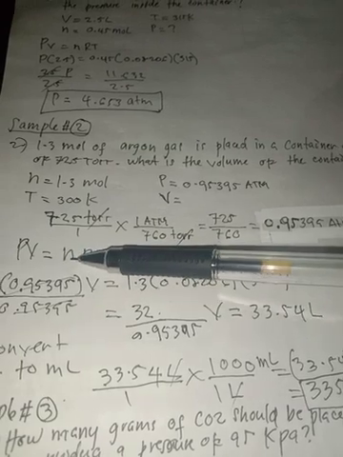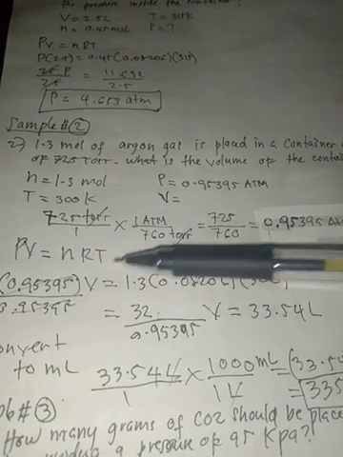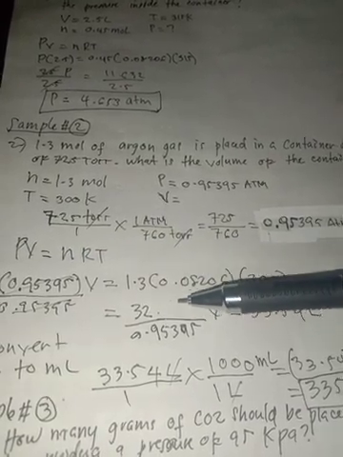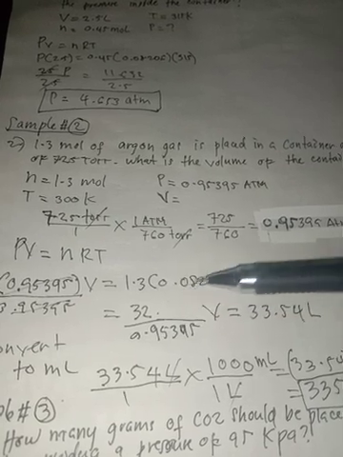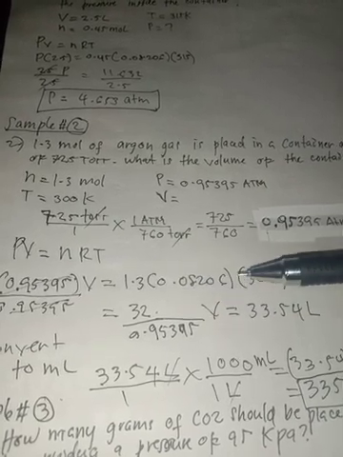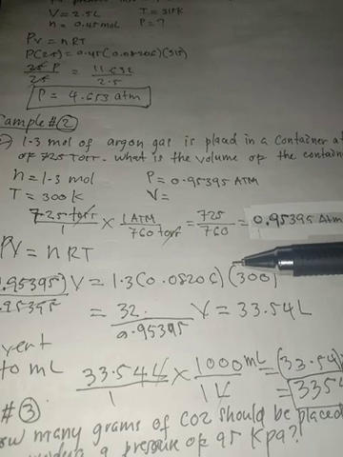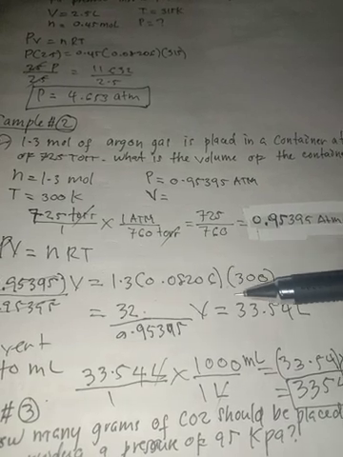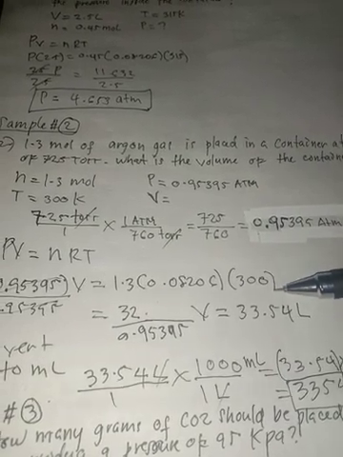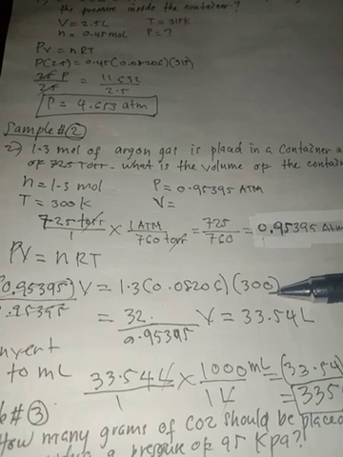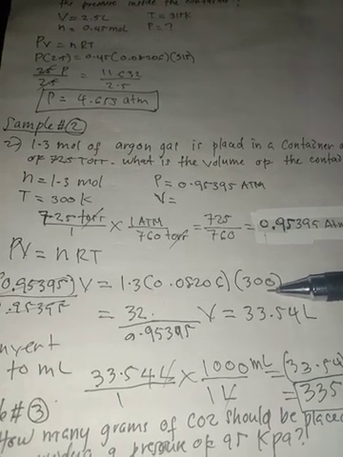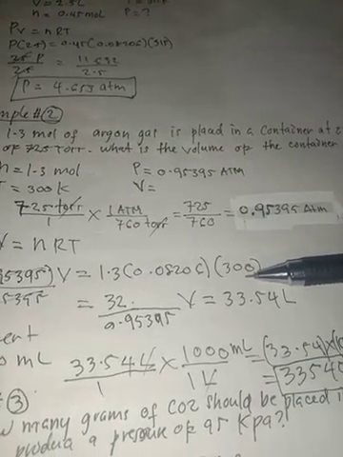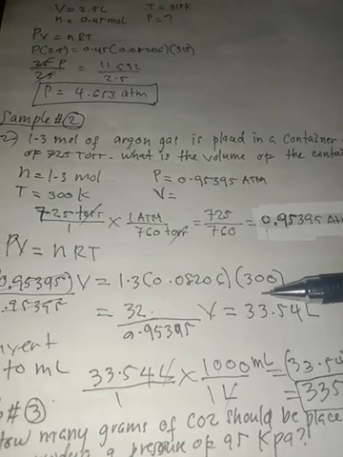This is the value of n. Then the value of R, the universal gas constant, is 0.08206, times 300 Kelvin. That is our T.